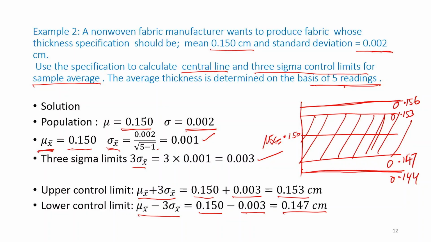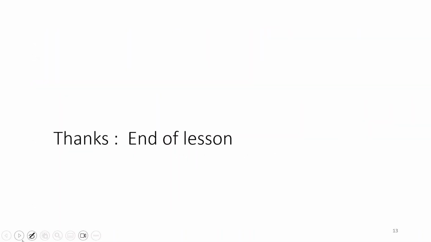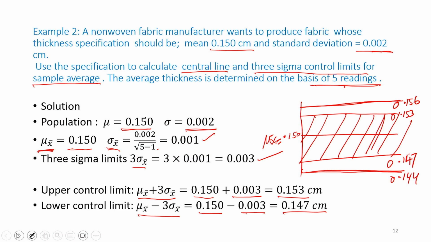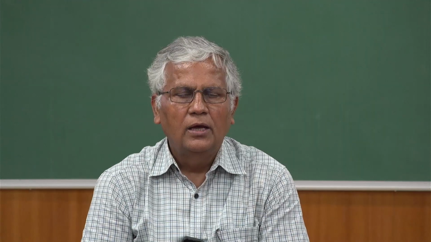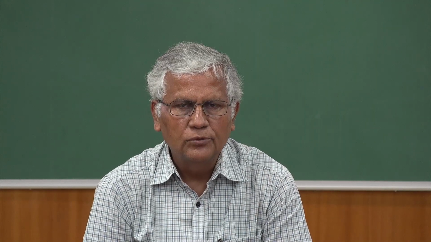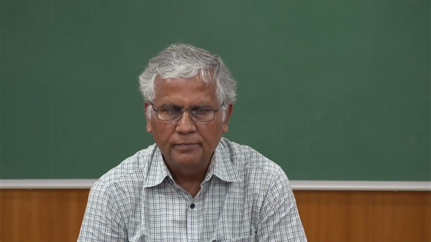So this is what we are keeping our discussion limited to: the origin of the control chart, how the control chart came into the picture, and the reason behind it. We want to keep a certain process under control, and to do that we have to monitor the process from time to time.